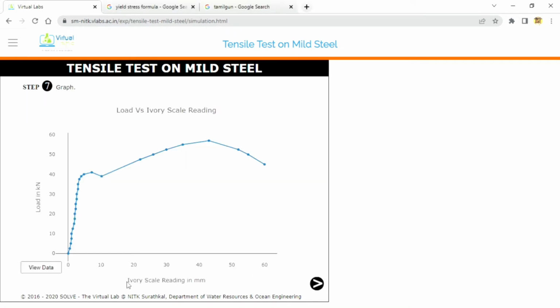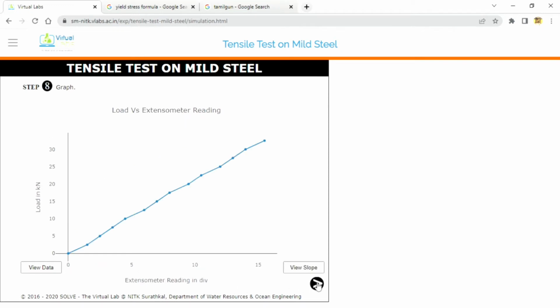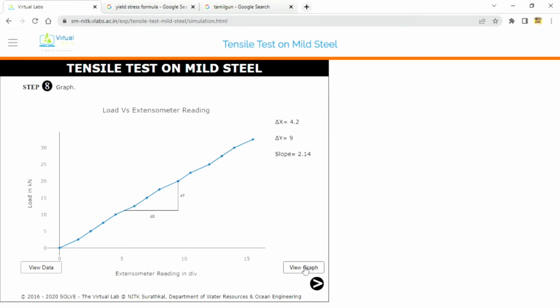Step 7. Graph: load versus ivory scale readings. Step 8. Graph: load versus extensometer reading. Extensometer reading in DIV, load in kN. The x is 4.2, the y is 9 and the slope is 2.14.